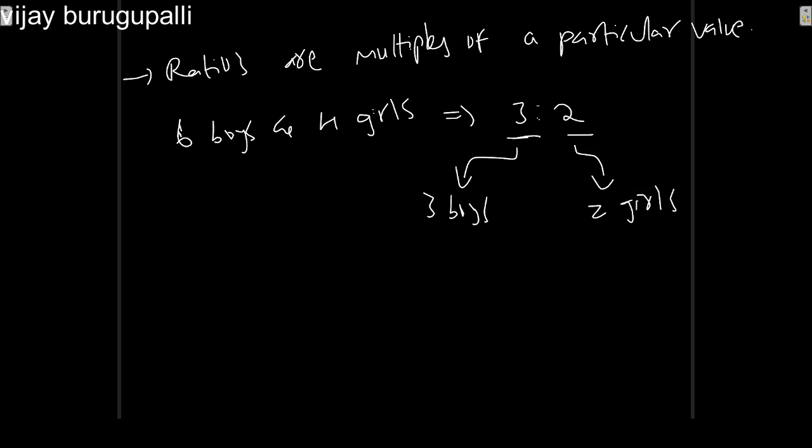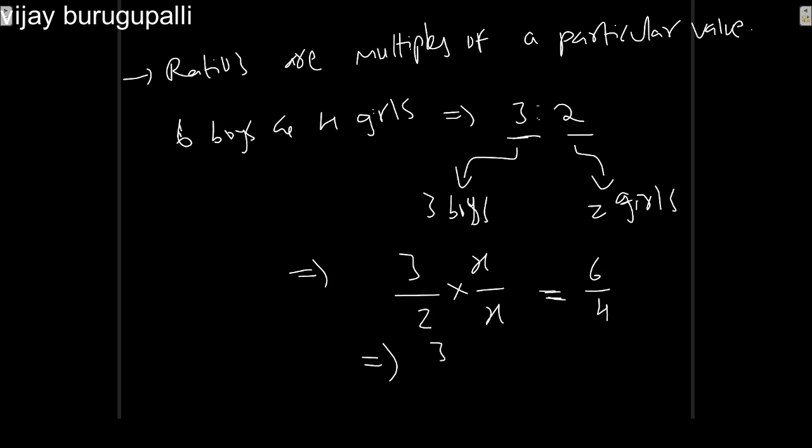3 is to 2 does not mean that there are only 3 boys and 2 girls. 3 is to 2 means that 3 into something and 2 into something will give the actual numbers. For example, in this case, the value of x is 2.